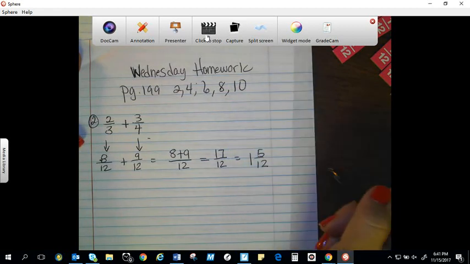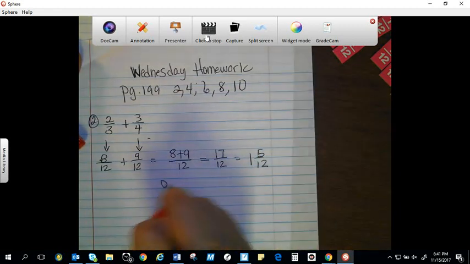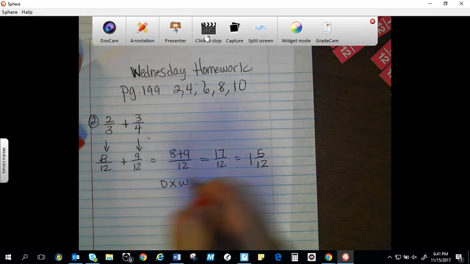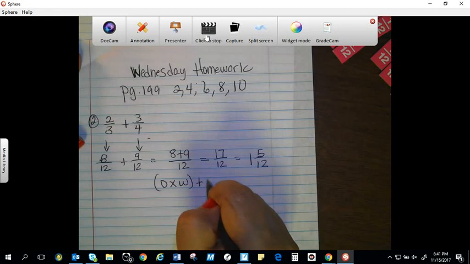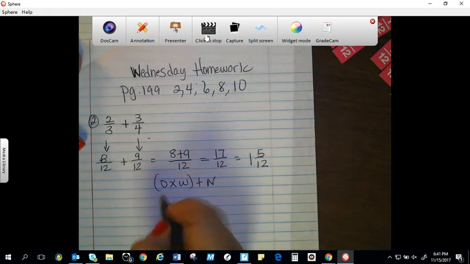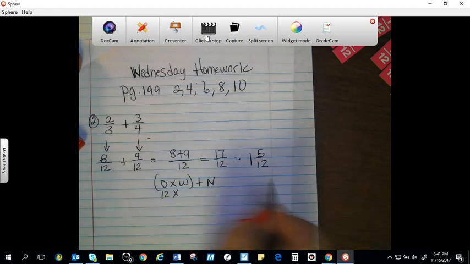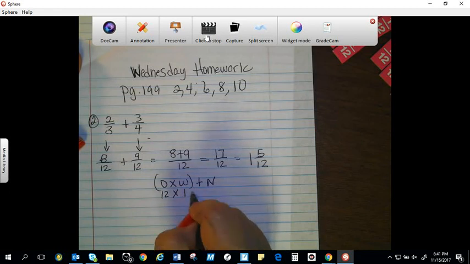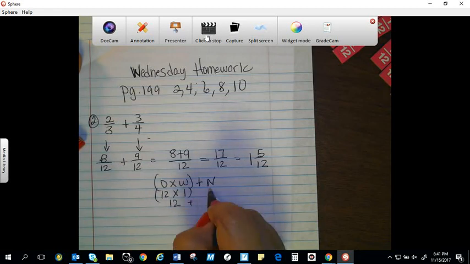To check my work, I'm going to take my denominator, multiply it by my whole number, put that in parentheses, and then add my numerator. So it'll look like 12 times 1, and that's 12, plus 5, and that equals 17.